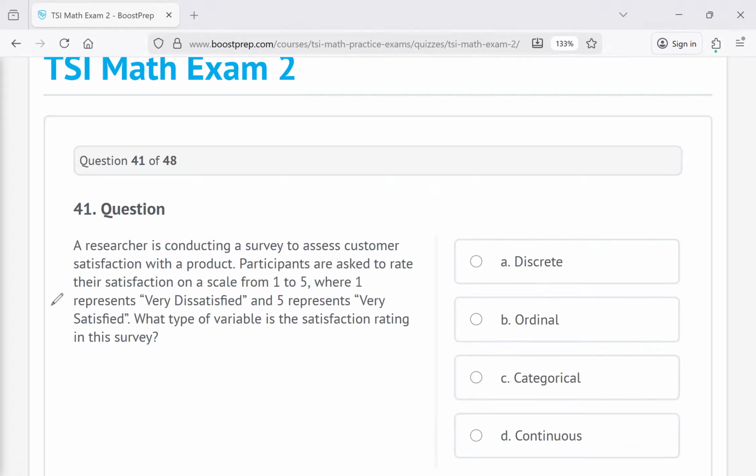I believe it's going to be continuous. The reason why is because a continuous variable is one for which, within the limits of the variable's range, it goes from one to five, so that's how I know it's continuous.